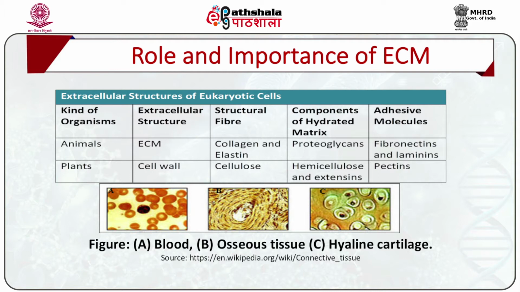Variations in composition are suited to perform different functions, such as in blood, in which the ECM is referred to as plasma, the fibers are generally absent. On the other hand, it can be deposited with calcium salts to form solid structures as in bones or packed with fibers to provide tensile strength to the cartilage.